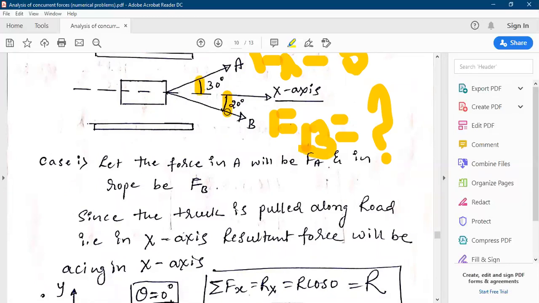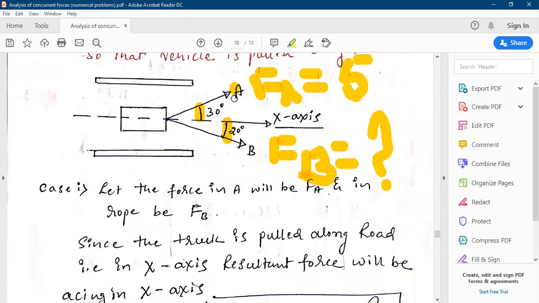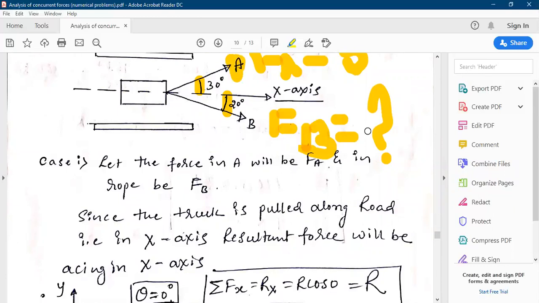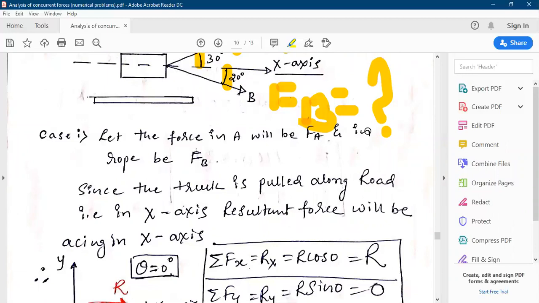When these two angles and one force at rope A, FA, are given, what is the force FB in rope B? That is the first part of the question.